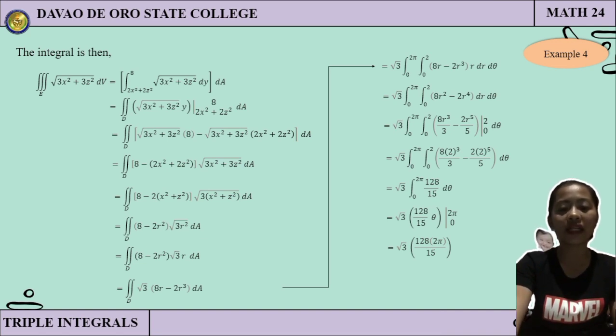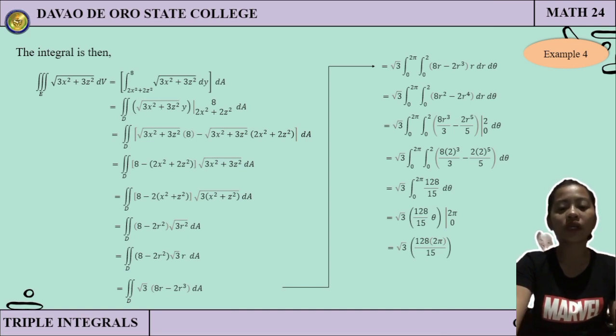Then we will get the antiderivative with respect to r. We will have square root of 3, integral 0 to 2 pi, of 8r cubed over 3 minus 2r to the fifth over 5, evaluated from 0 to 2, d theta.